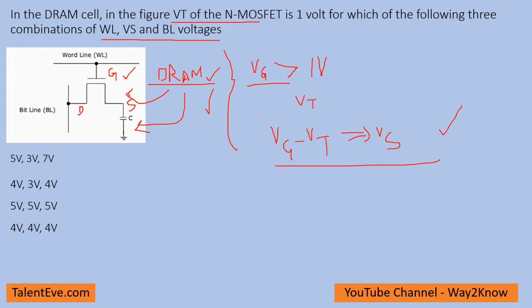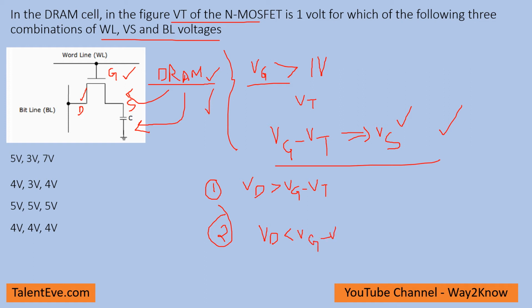So this is how the MOSFET here works. Now let us assume a scenario. So here there are two conditions. One has to remember that there is a drain voltage also applied. It is not just that the difference of Vg minus Vt will be applied to Vs. There is a drain voltage also, where the drain voltage could be greater than Vg minus Vt, right? Or the drain voltage could be less than Vg minus Vt.